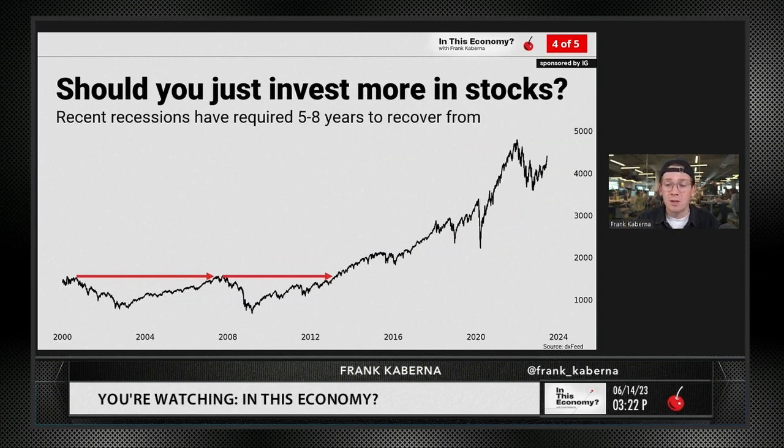We put in new all-time highs as recently as 2 years ago, but that can last 5 to 8 years. You look here from the start of the dot-com bubble to the end of it, that's 2000 to about 2007, and then that's just in time for the financial crisis, and the market takes another 5 years to recover from that.